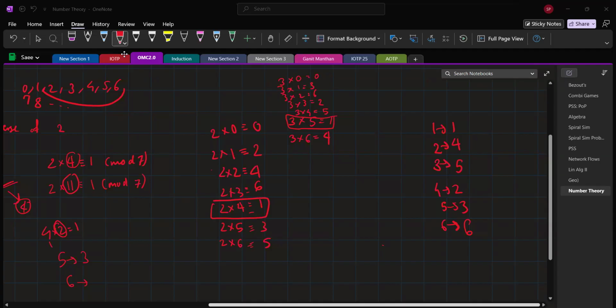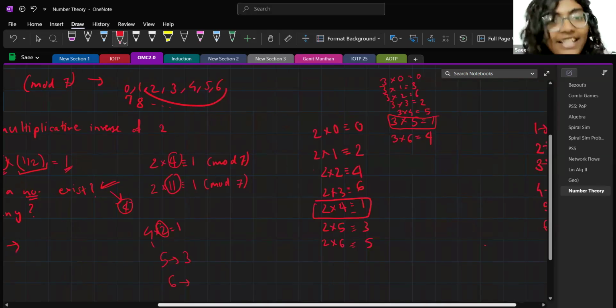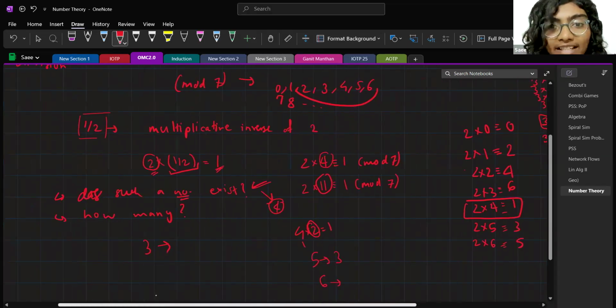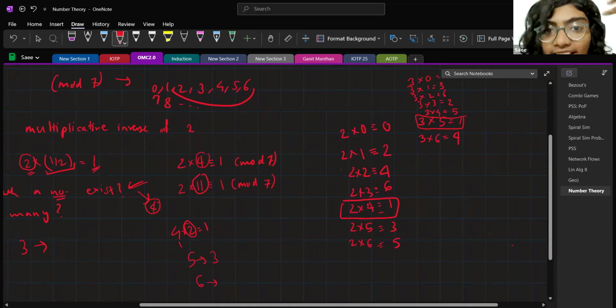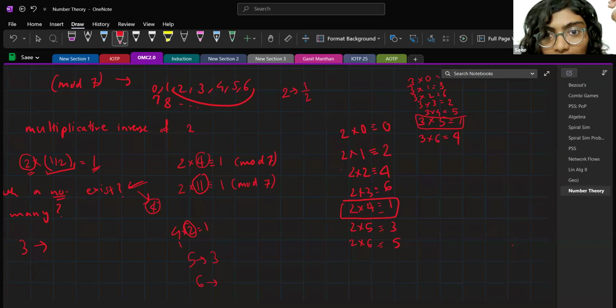What do you mean by multiplicative inverse? That's a great question. I did not properly state that. Thank you for asking. In the usual number line where we have infinitely many numbers, the multiplicative inverse for 2 is 1 by 2, and for 3 it is 1 by 3.